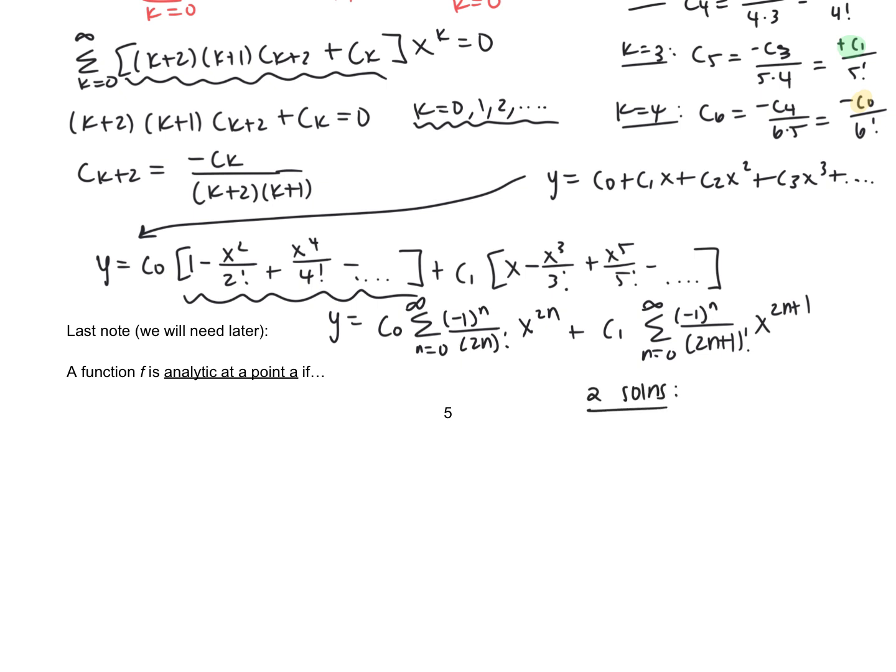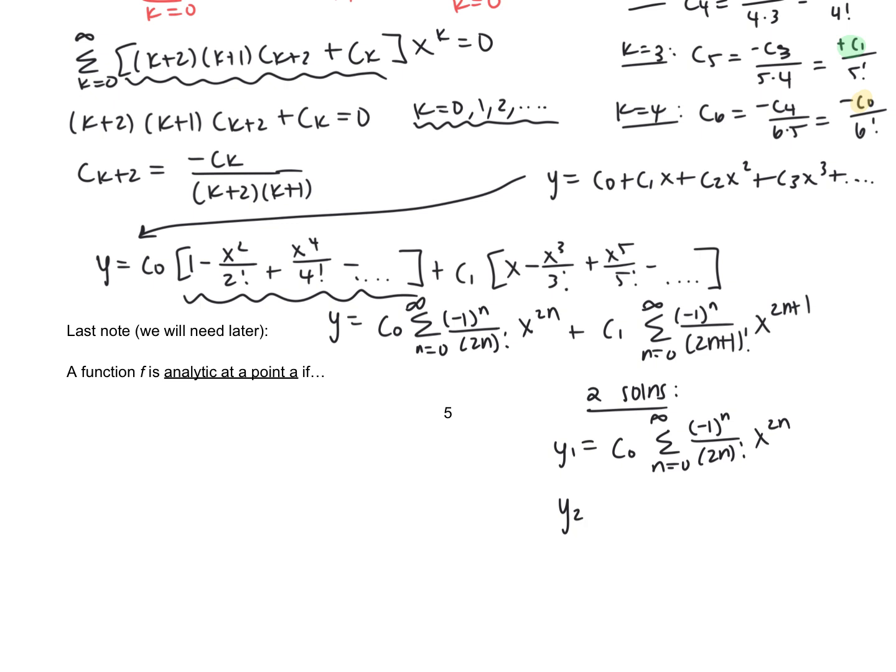So what we have written above is the general solution, but we want our two separate solutions. So our y1 is the sum from n equals 0 to infinity of negative 1 to the n over 2n factorial, x to the 2n.